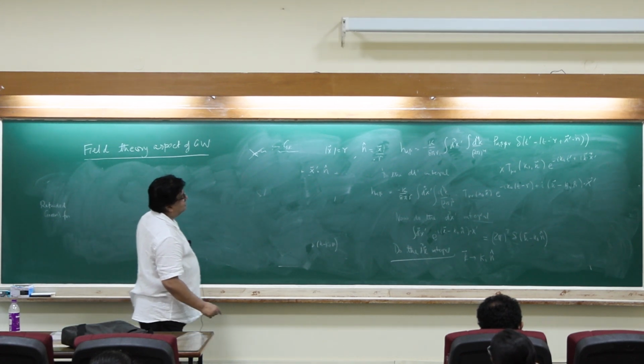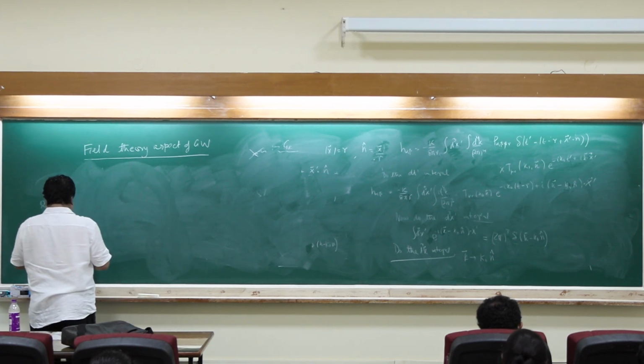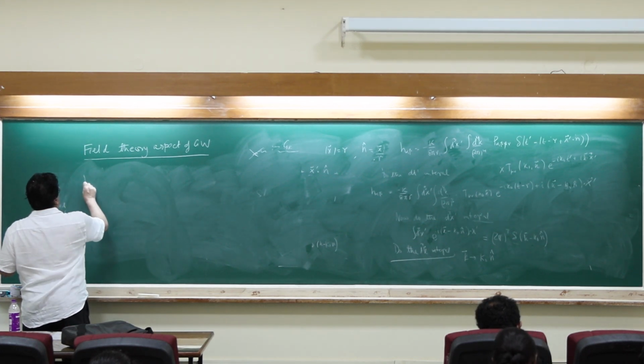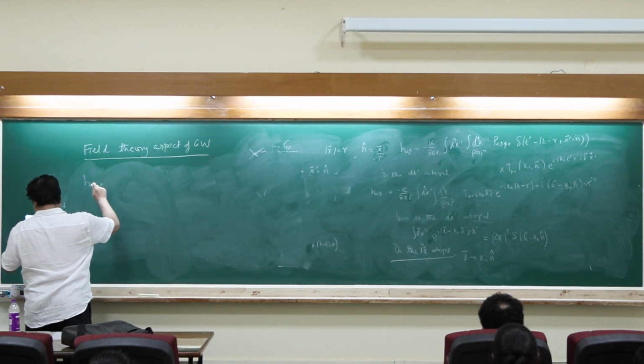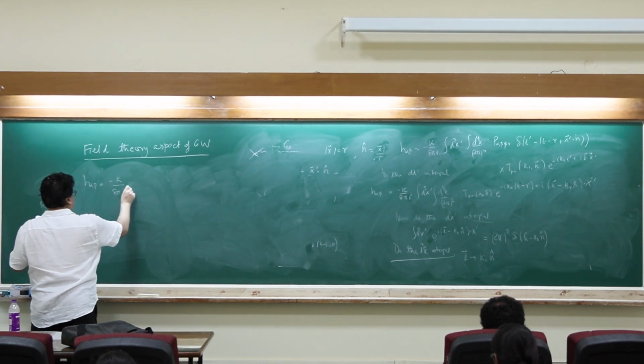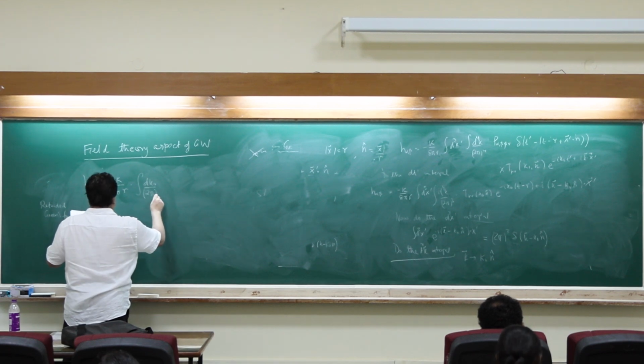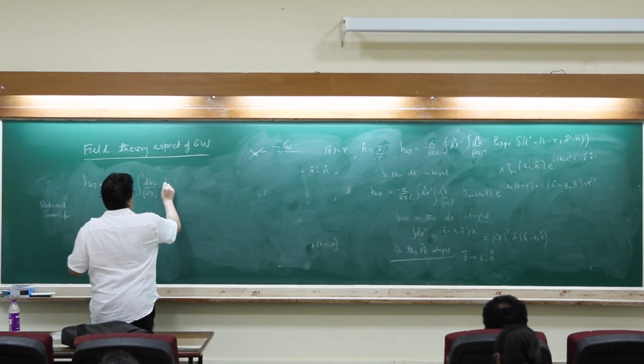So in the end you will get h alpha beta is 8 pi r times, this is still left. The k naught integral you did not do.